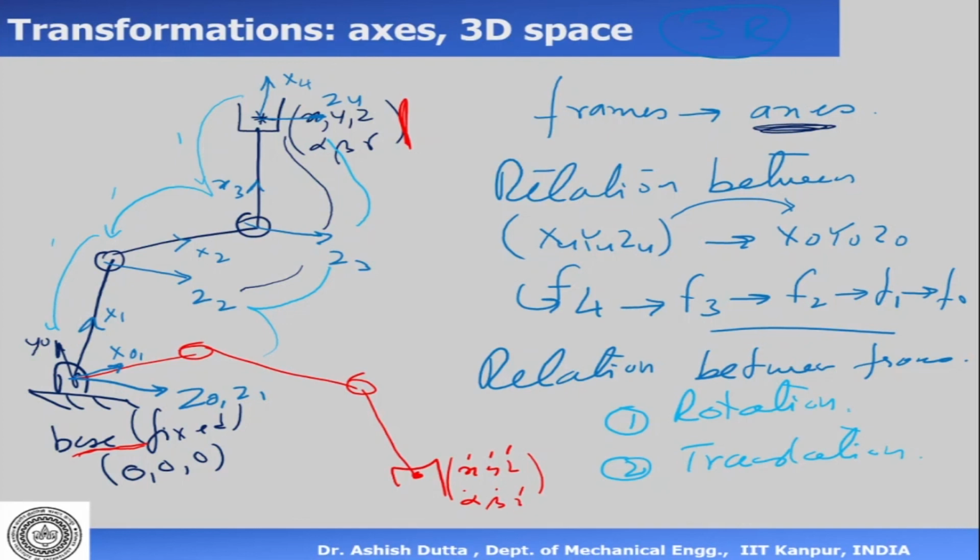So we have only two transformations involved, rotations and translations, and this can give you the relation between any frame and the base frame in 3D space. Basically we find the rotation transformation and then the translation transformation, and then we go from one frame to another frame. By doing this, we can find the position and orientation of the end effector with reference to the base frame.